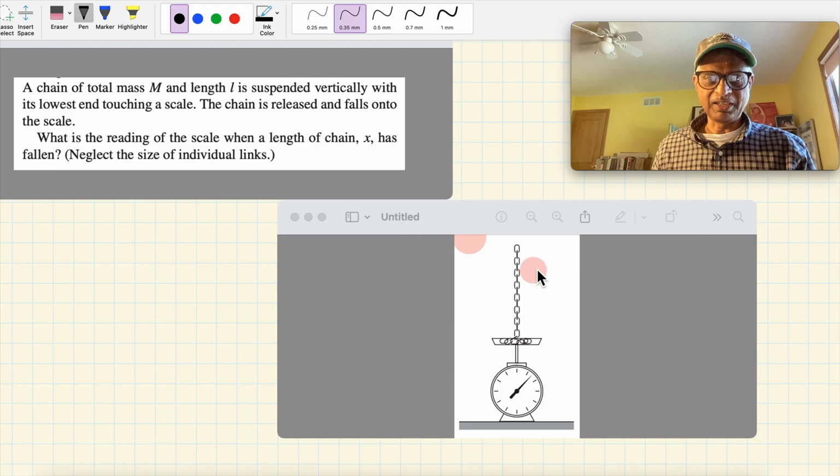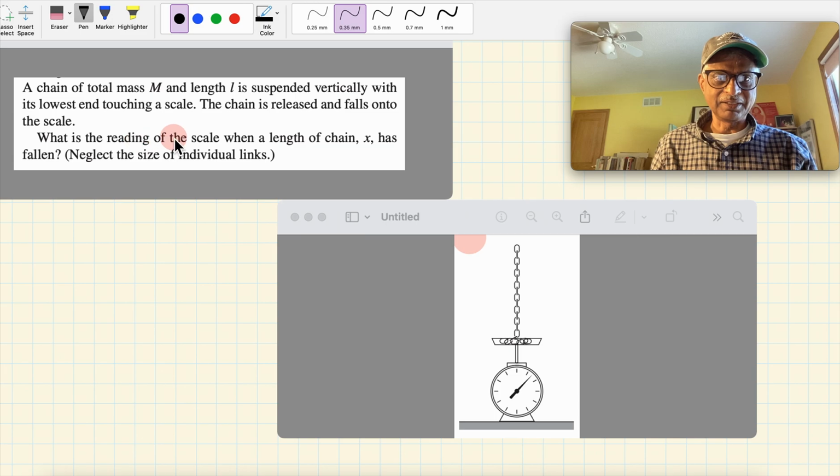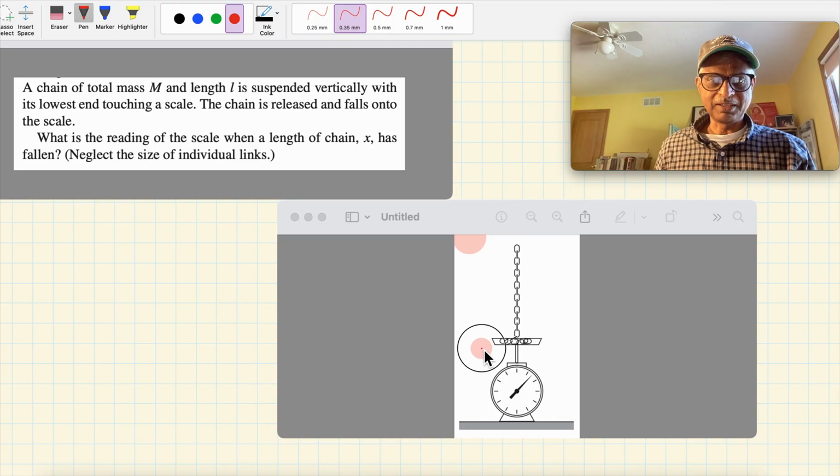So we have a chain. Some of it has already fallen on the scale, so there is a reading. The chain, let's see, it says at t equal to 0, if you draw out the chain at t equal to 0, the scale is in the same place. So this is at t equal to 0.